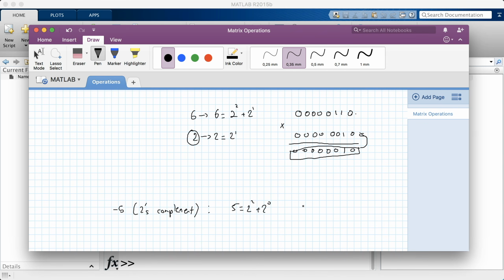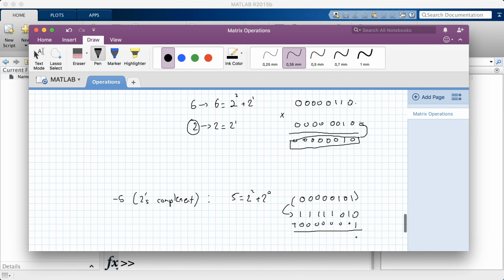And minus 5 is the 2's complement of this, which is obtained first by inverting each bit, so a 0 becomes a 1 and a 1 becomes a 0. Then you add 1. So let's add 1 to this and we'll get 1, 1, 0. This is the equivalent of minus 5.